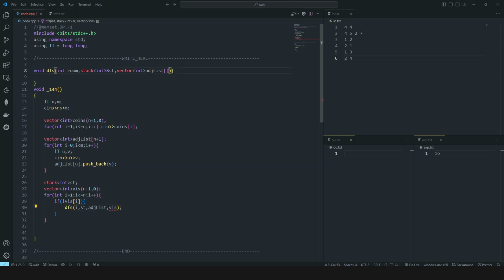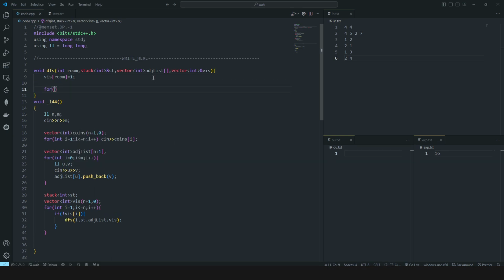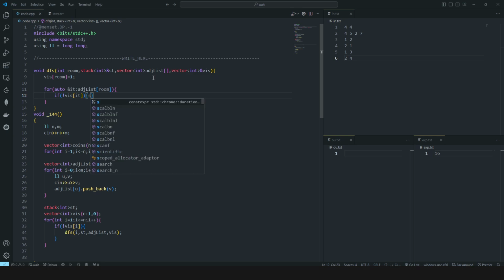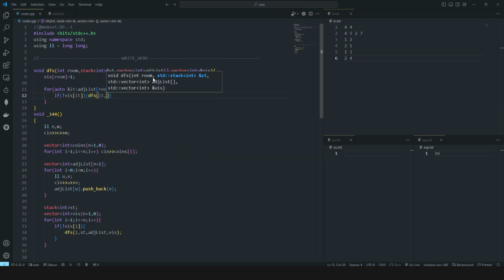So just like this, also pass it by reference only, and then I will be just doing the simple DFS, that is visiting this room, marking this room as visited, and then iterating through its neighbor nodes in the adjacency list. And if this adjacent neighbor is not visited, then I will be calling the DFS function through this adjacent node, right?